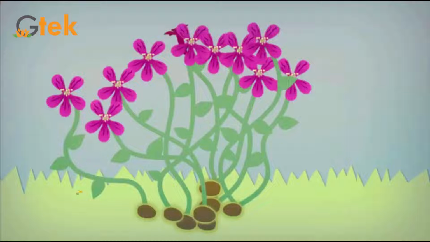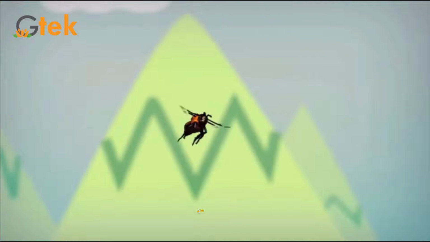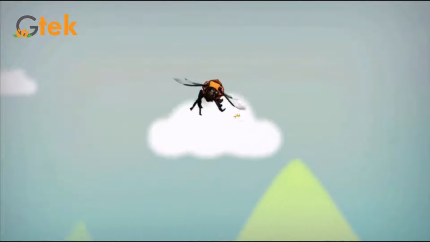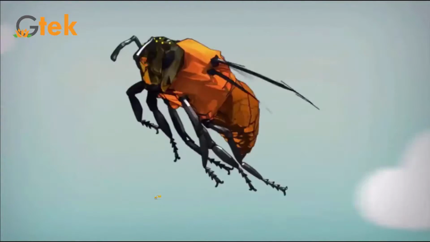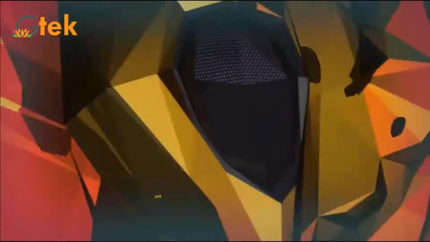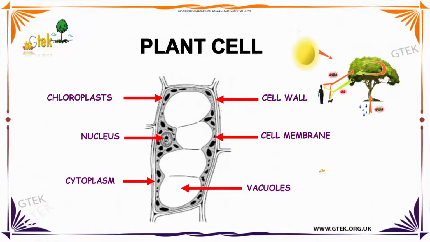You can see how the pollination process works. The pollination is taken over by wind or insects.